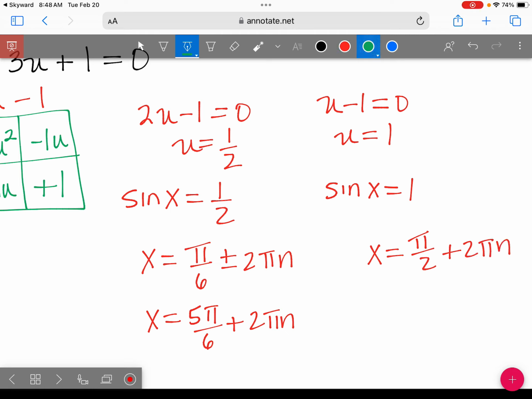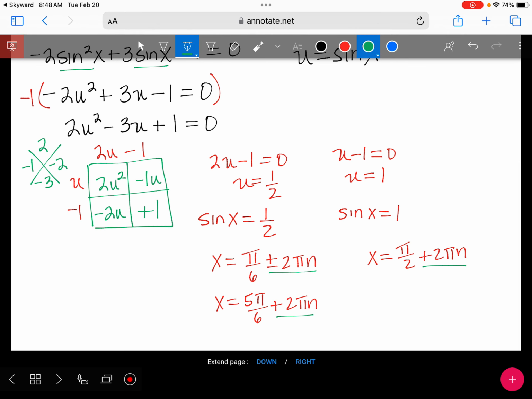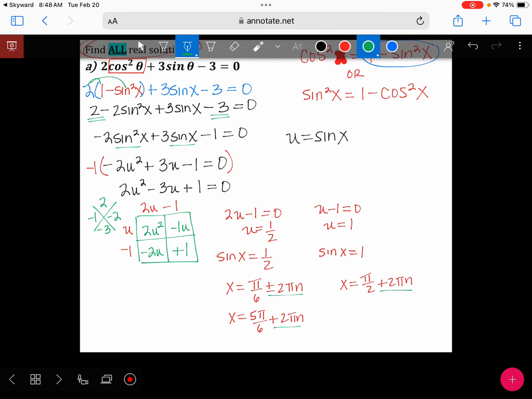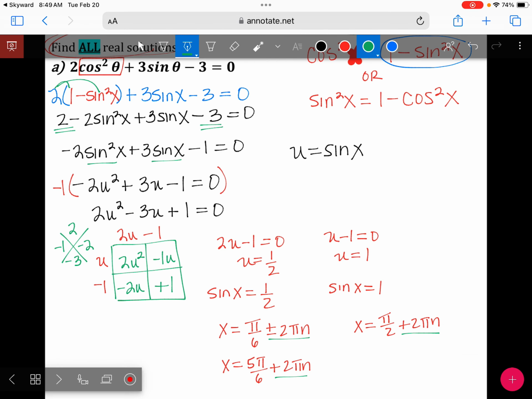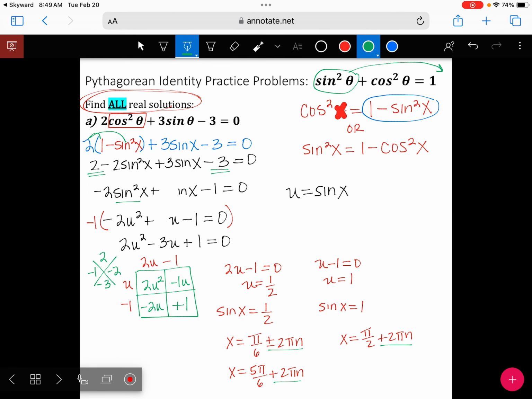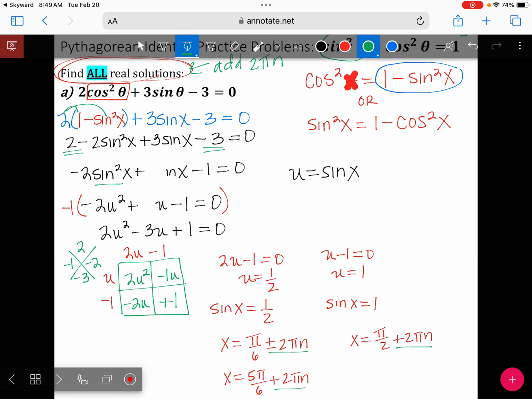So you only add that plus 2 pi n when it says all real solutions. Whenever it says all real solutions, that means you have to add plus 2 pi n. Is 2 pi just 360? Yes. And because we're in radians, that's why we said 2 pi.